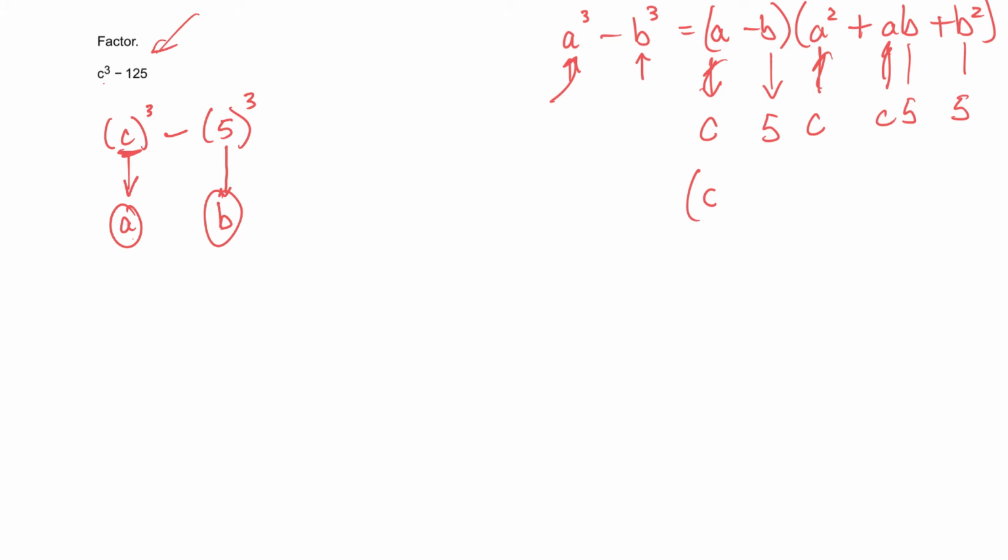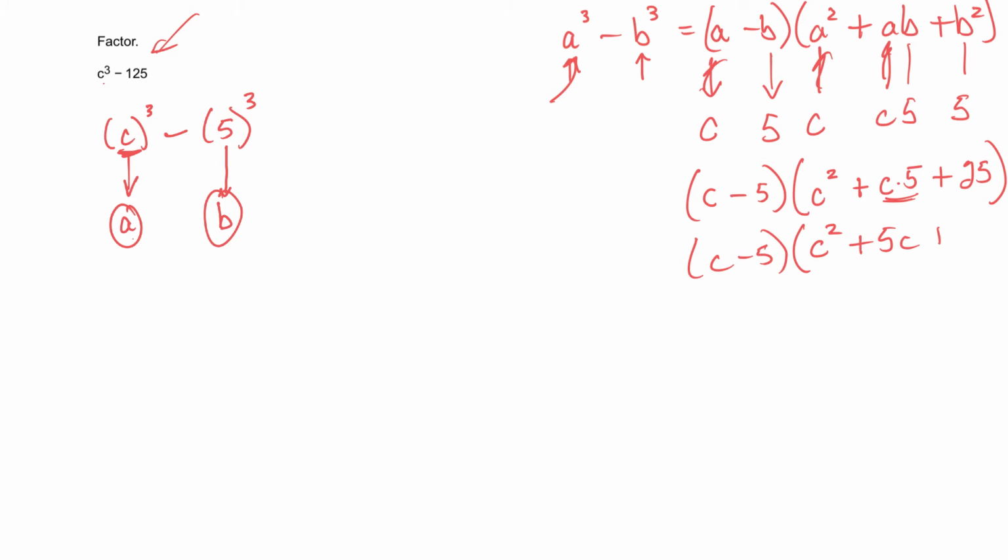So it'll be C take away 5, and then C squared plus C times 5 plus 5 squared, so 25. And then I'd probably just clean up that. Usually we write the numbers first, so I write it as C squared plus 5C plus 25.